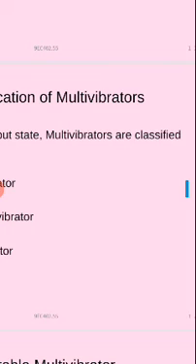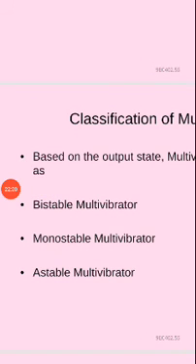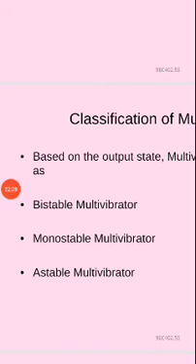Multivibrators are classified as bistable multivibrator, monostable multivibrator, and astable multivibrator.